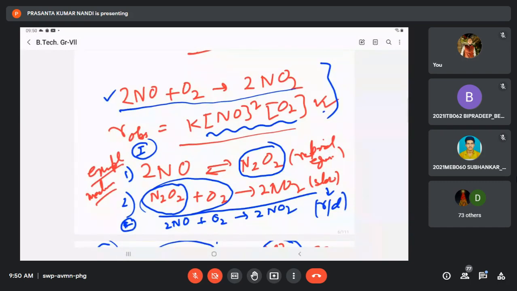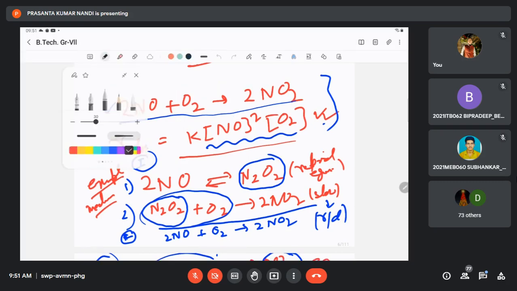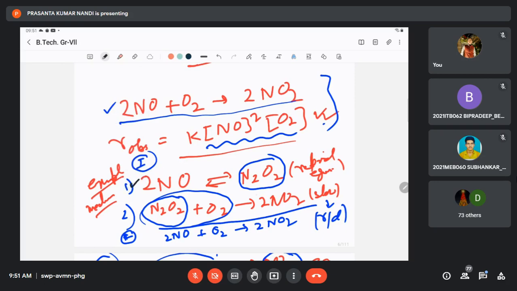The formation of NO2 with observed rate is given by k, concentration of NO squared. There are several reaction mechanisms that can be proposed. Number one, I am proposing, is this one.